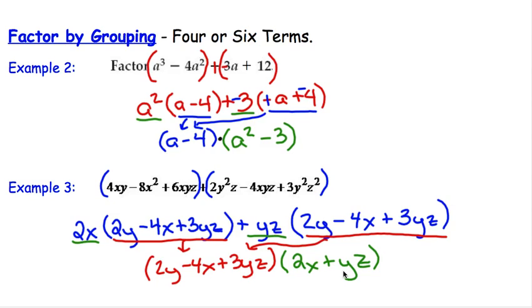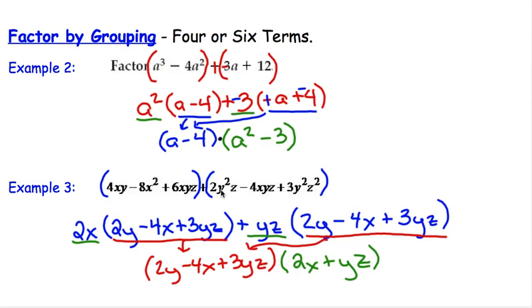And again, if you want to check, take and multiply this back out. If I take 2x times my 2y, I get 4xy. If I take negative 4x times my 2x, I get negative 8x squared. 3yz times the 2x, I get the 6xyz.